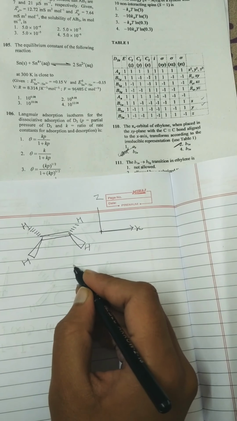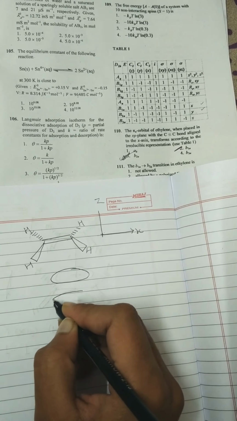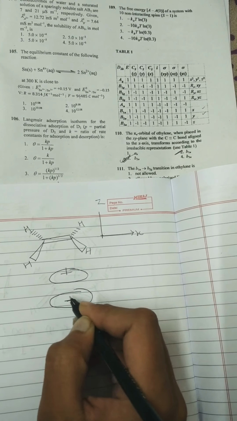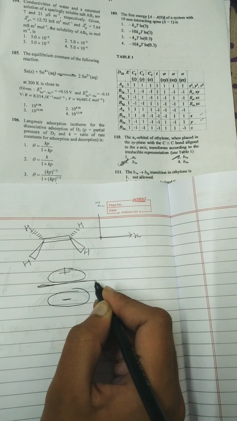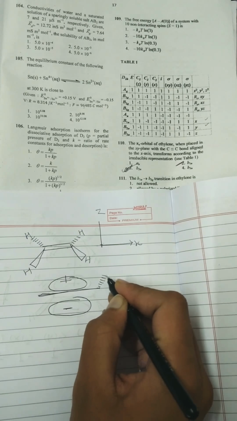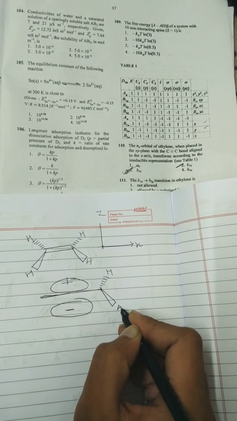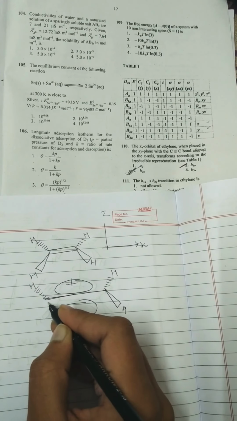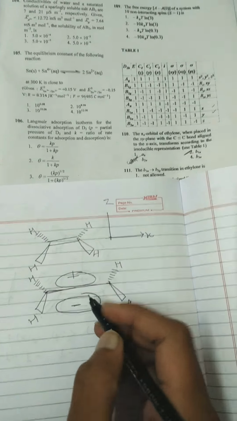So this pi u orbital means it is ungerade, and it is a pi bonding orbital. The pi bonding orbital will be like this, with the H atoms here.